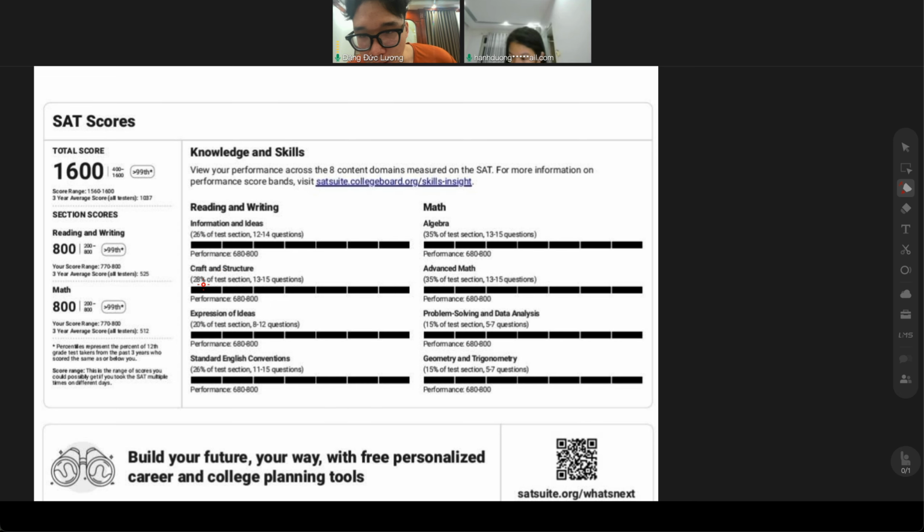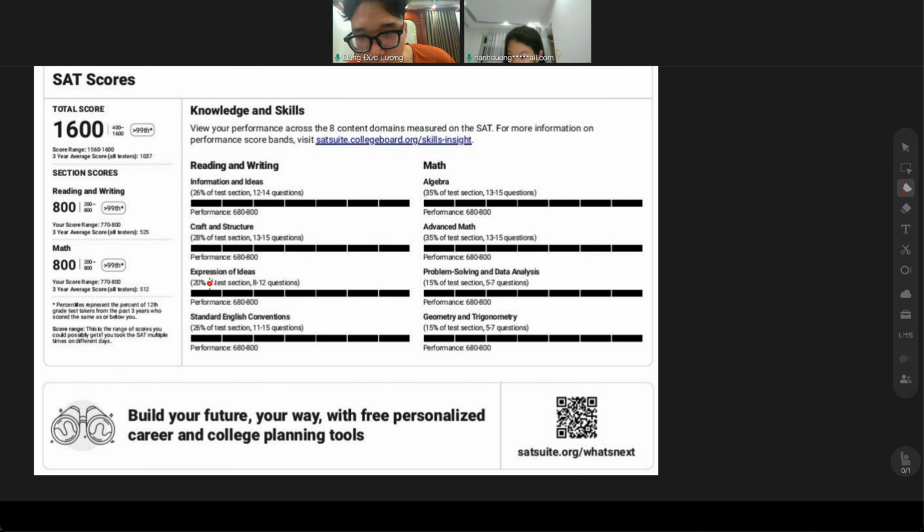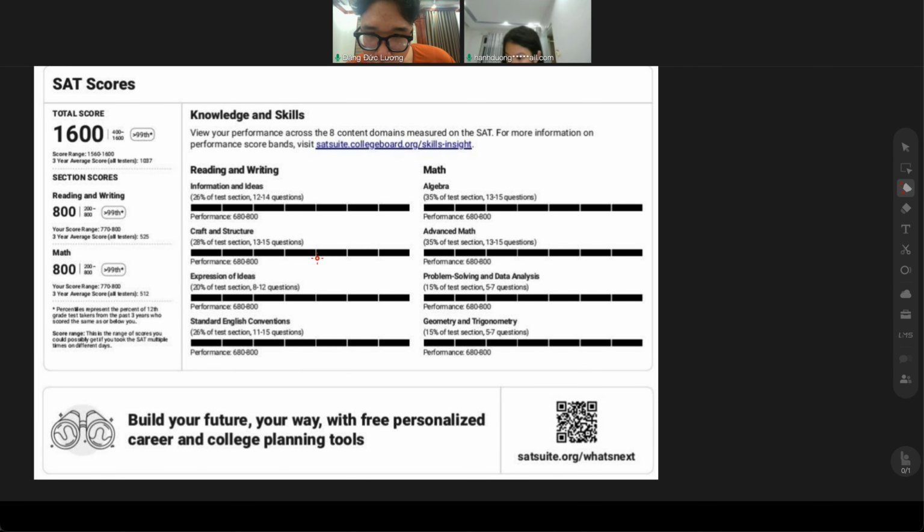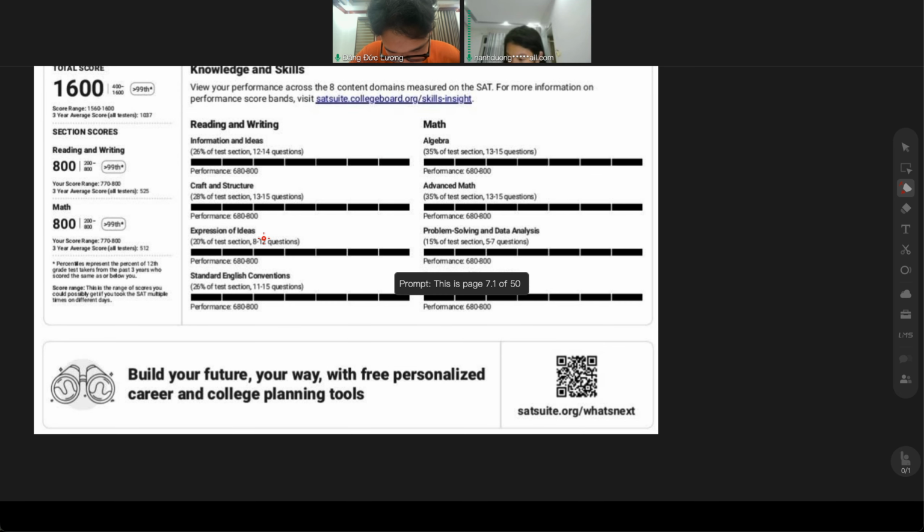Craft and structure makes up 28%, expression of ideas 20%, standard English conventions 26%. So the part that makes up the biggest share of the test is craft and structure, at 28%.